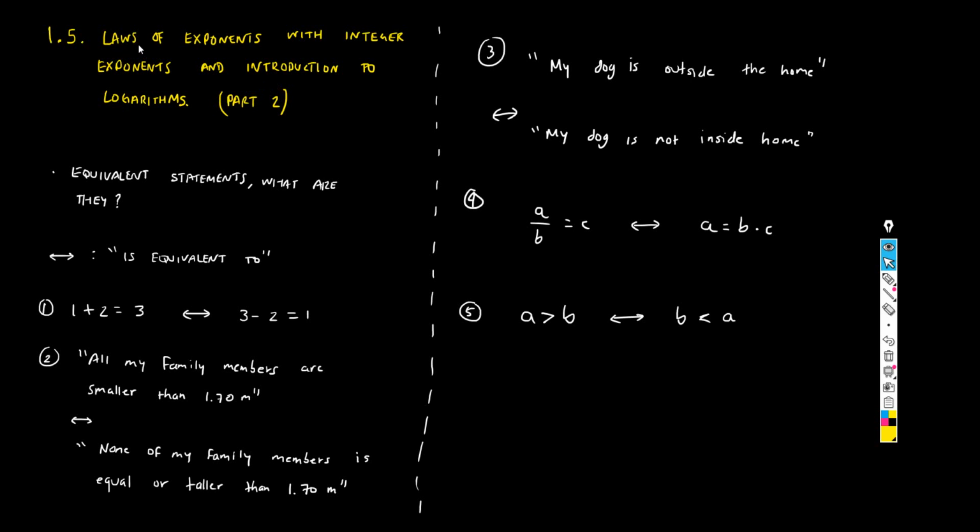We already demonstrated the laws of exponents pertaining to integer exponents, and we already used them in order to simplify things like, for example, 2 to the 3 times 2 to the 6, that's 2 to the 9. Basically, when we're doing this, we're applying a law of exponents with integer exponents and so on. That's the last thing we did.